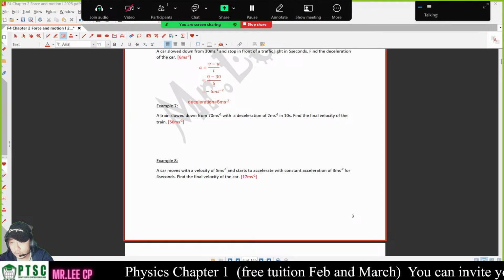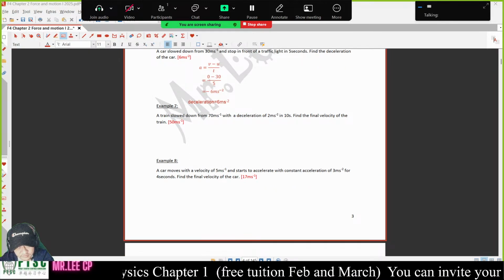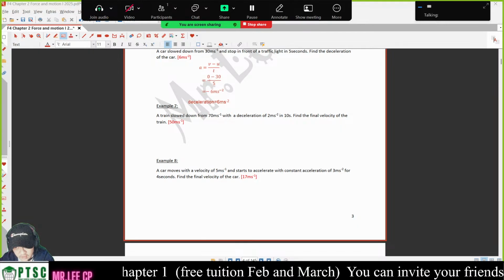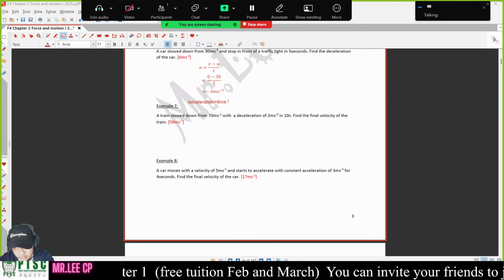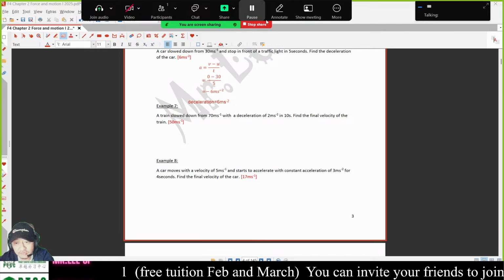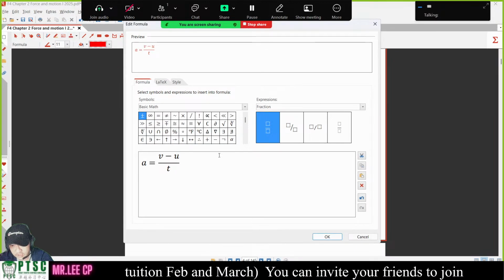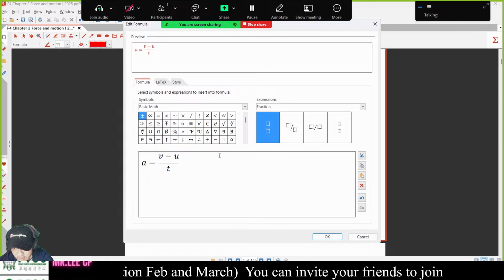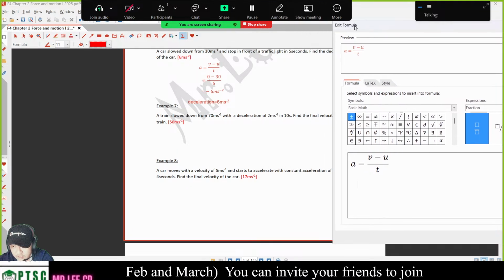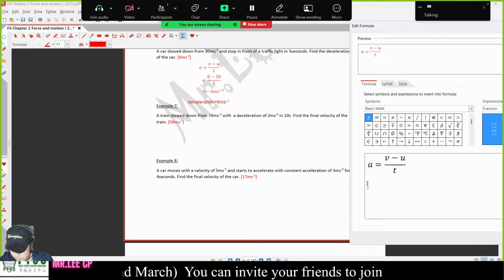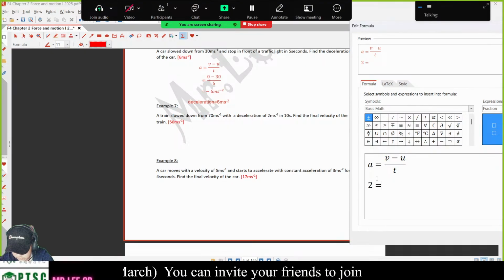We continue. A train slows down from 70 and then decelerates at 2 ms negative 2 in 10 seconds. Find the final velocity of the train. So now the formula is a is equal to v minus u over t. We are going to put it in. a is 2.